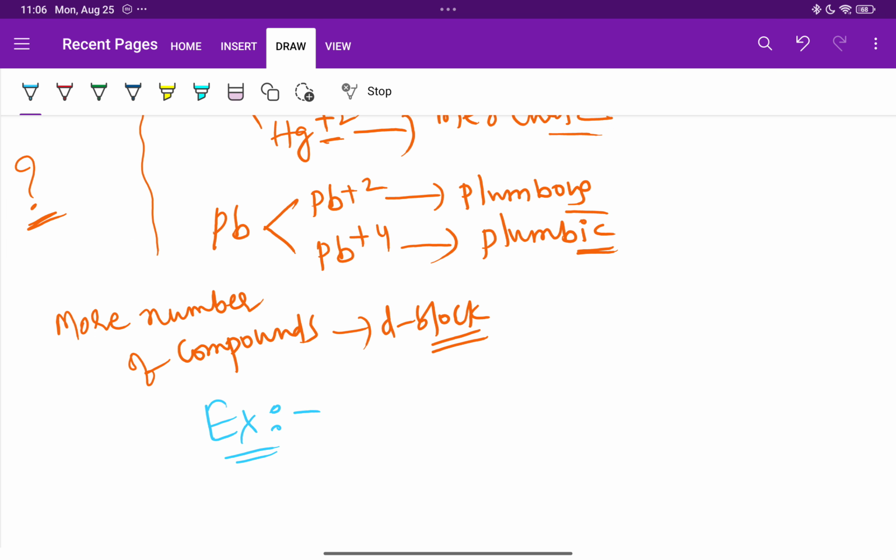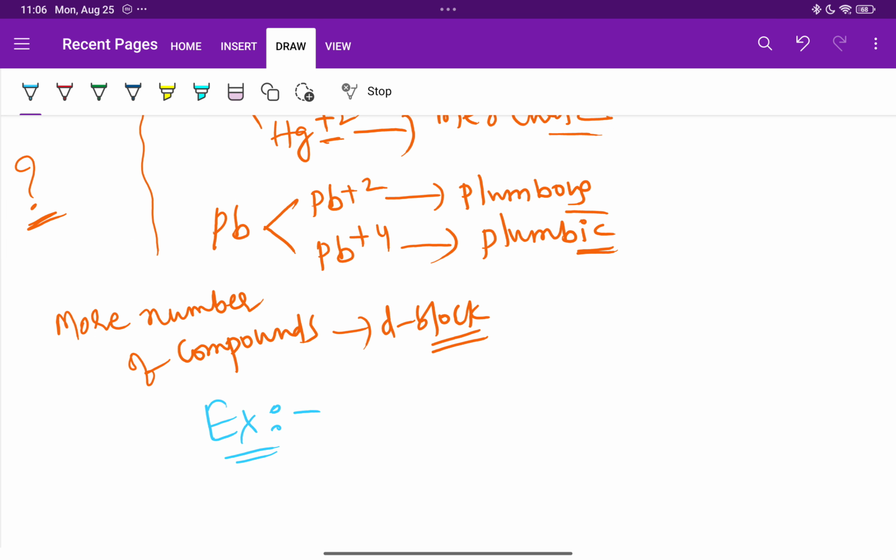First one, ferrous oxide. Here you write ferrous, Fe +2, oxide O -2. Iron charge is 2, oxide charge is 2, the 2s cancel, you get FeO, ferrous oxide. Then second one, ferric oxide, both are not the same.